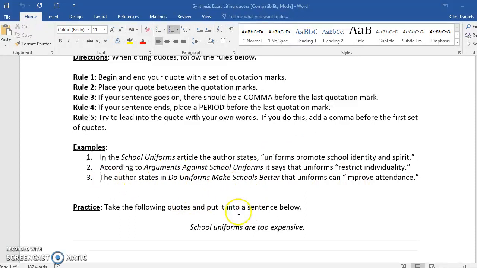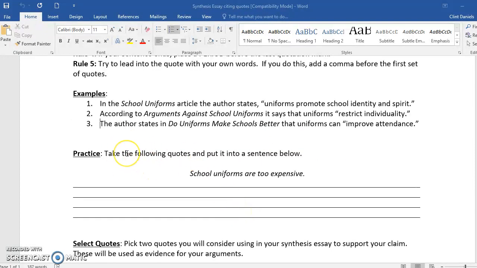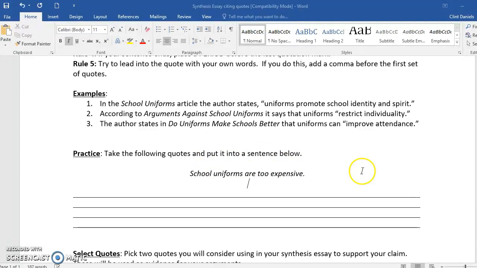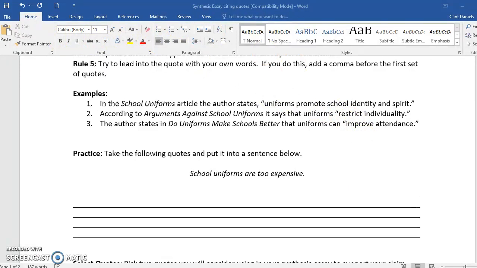So what we're going to do is we're going to practice this as a class. Practice taking the quotes and put it into a sentence below. So let's say this is your quote that you want to put into your paper. Let's write this here. So we got to lead into it with our own words.